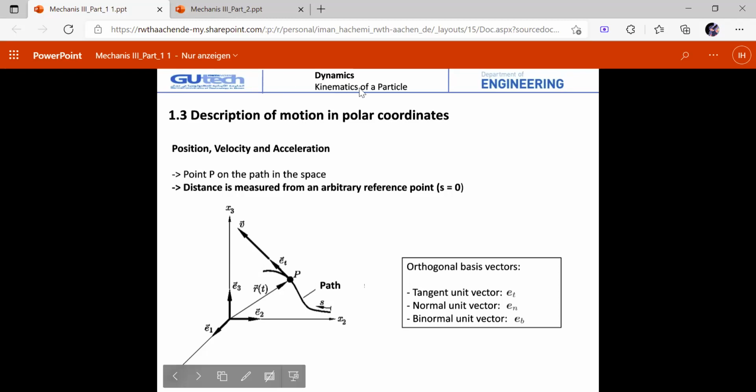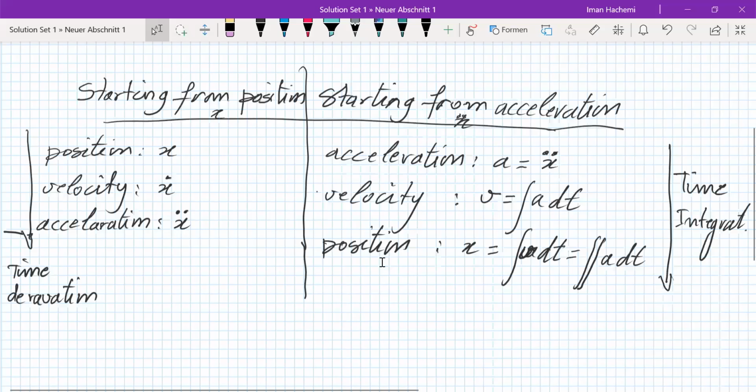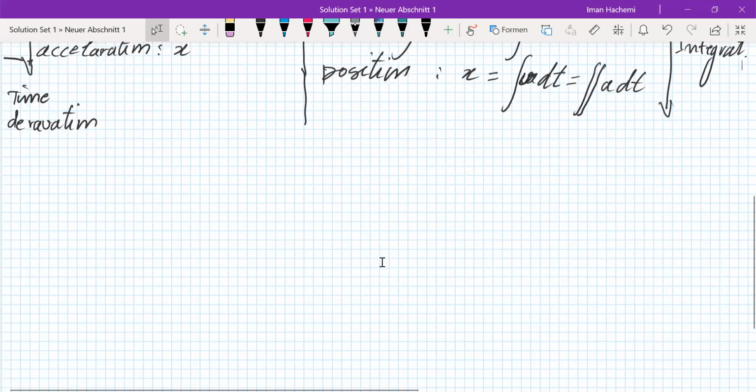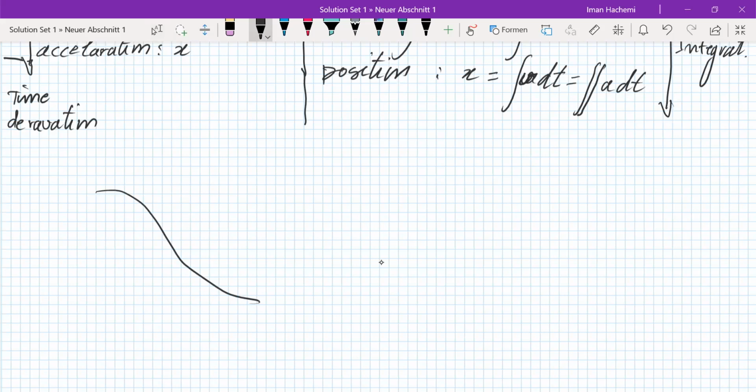If I draw this, let's say we have a path like this, and at any point we have ET, the tangential basis vector.